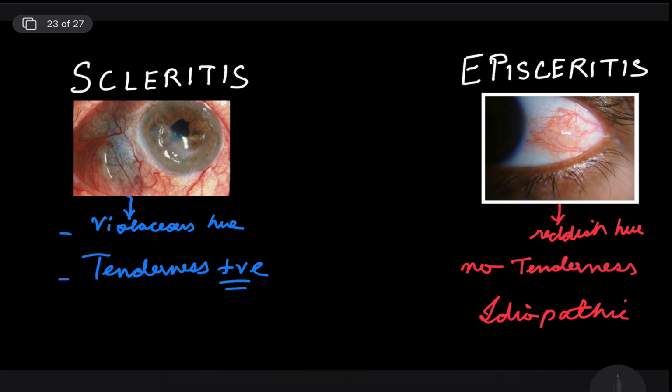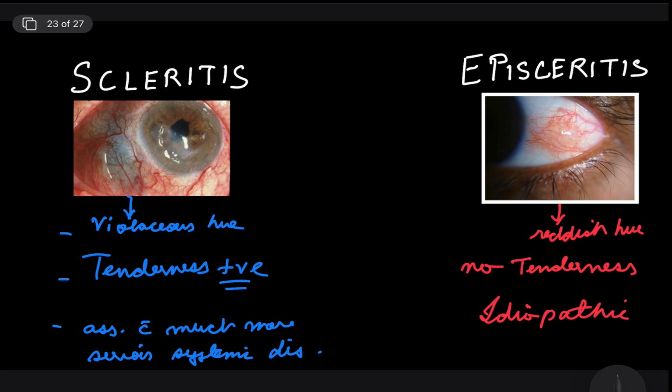Because scleritis is not just an infection in the eye. Often scleritis is associated with much more serious systemic diseases. What systemic diseases are we talking about? We will talk about that in just a moment. So often scleritis is associated with some other pretty grim systemic illness. Episcleritis, on the other hand, is mostly idiopathic.